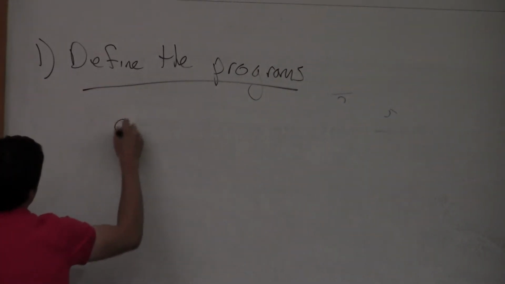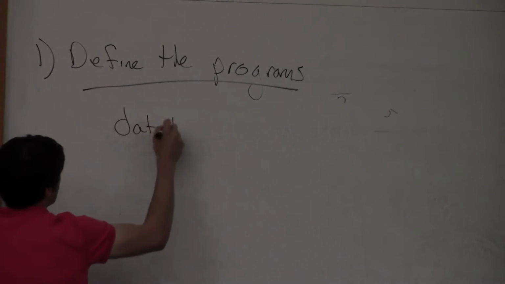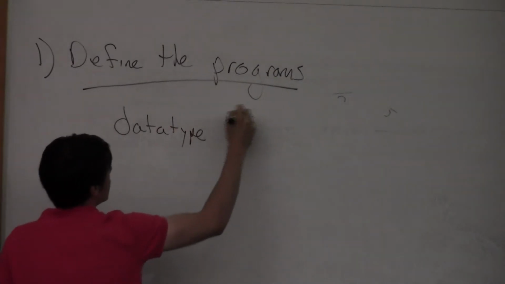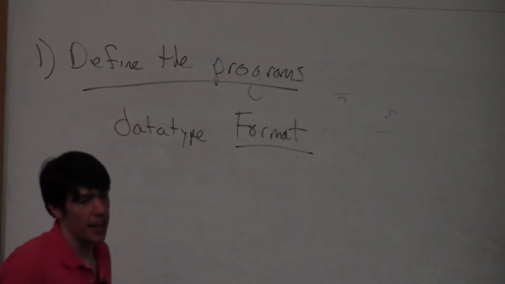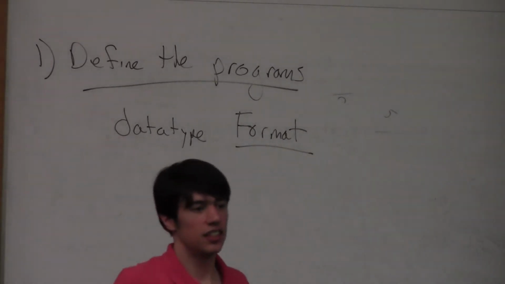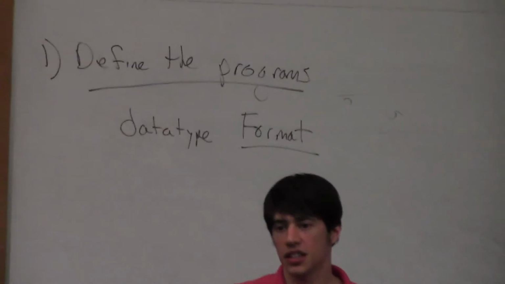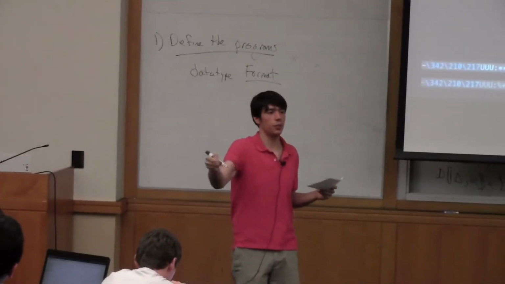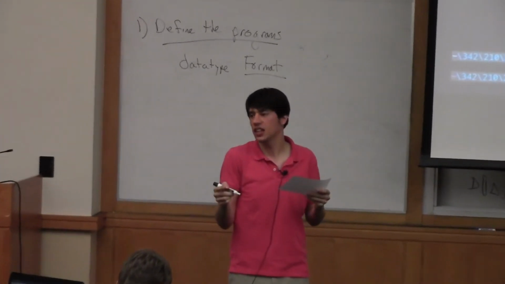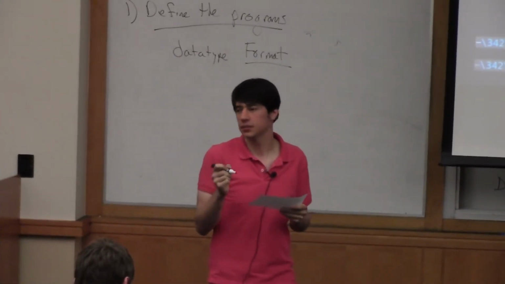So we'll do that by defining a data type called format, where the formats represent data formats. OK, so that example I had on the board of 2 header fields followed by a vector of that length and width will be an example of a format. OK?